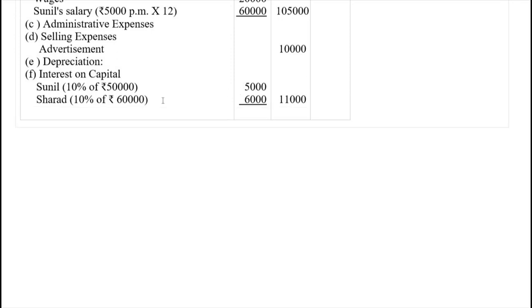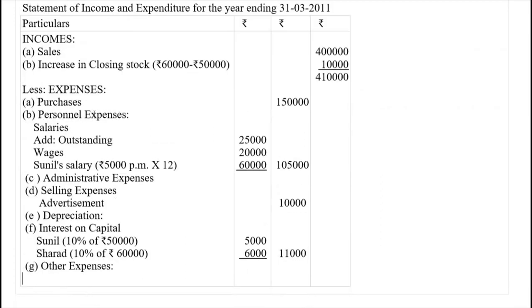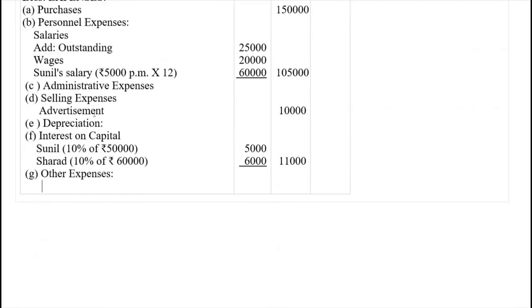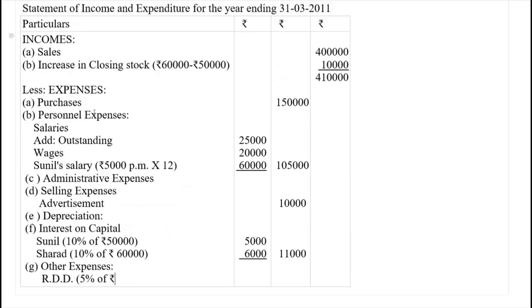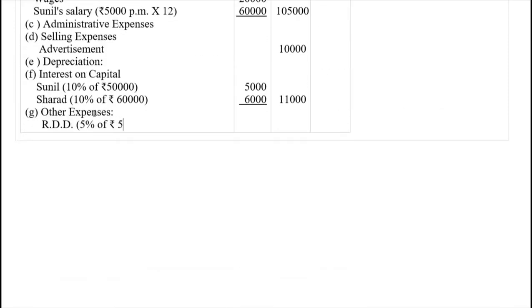Then G, other expenses. Now let me check whether any RDD is given here. Yes, RDD is to be calculated at 5%. So RDD is 5% of the closing value of debtors. The value of debtors is given as 50,000, so it comes to 2,500.